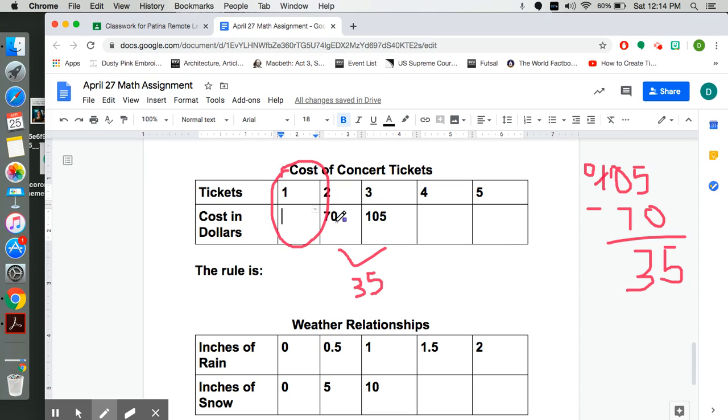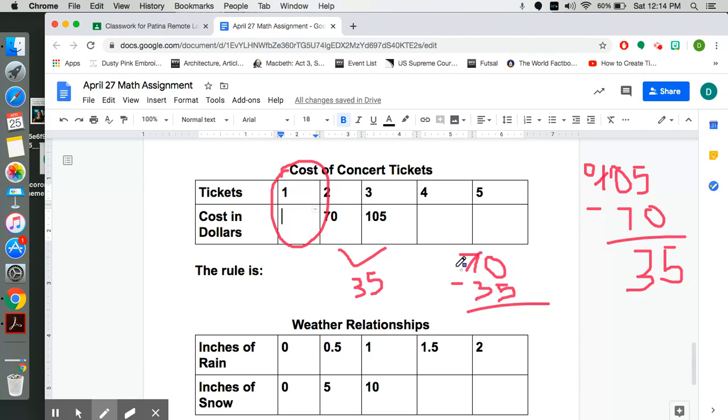So if I have to go by 35 between each term, how would I get from 70 down to 1? What would I have to subtract? Think about it. Pause the video. See if you can figure it out. Yeah, so 70, I would have to subtract 70 minus 35 to get what my first term is.